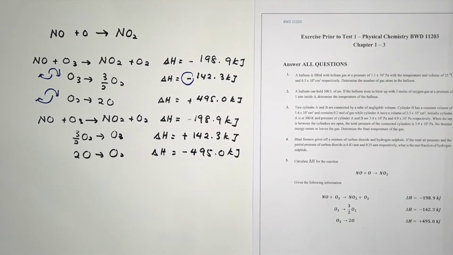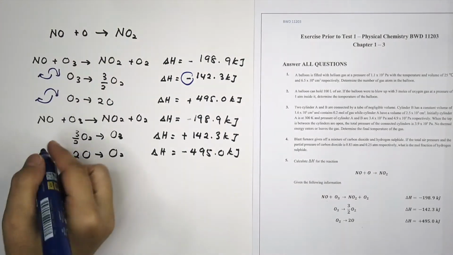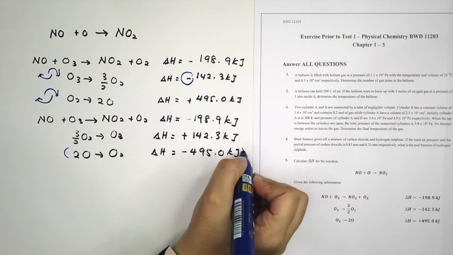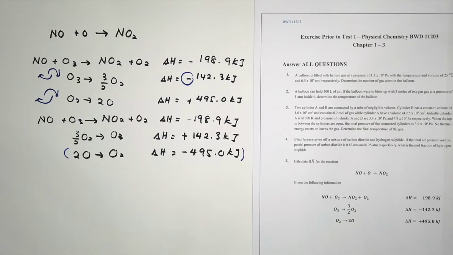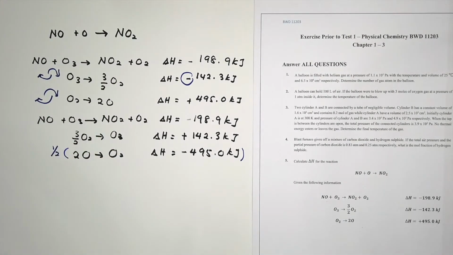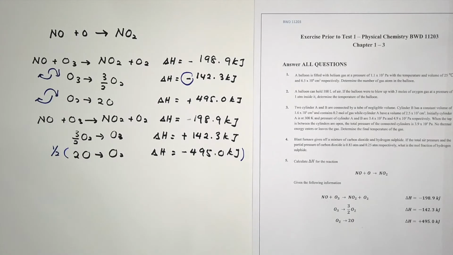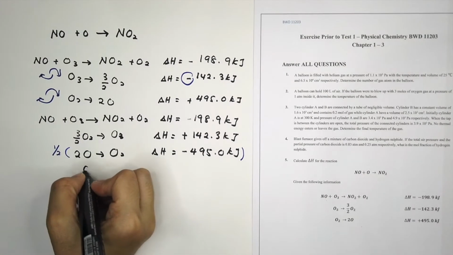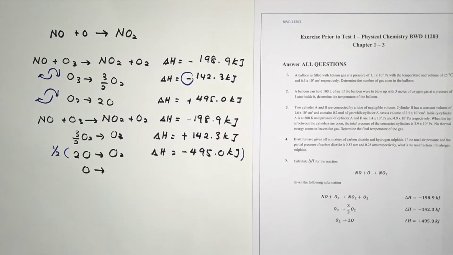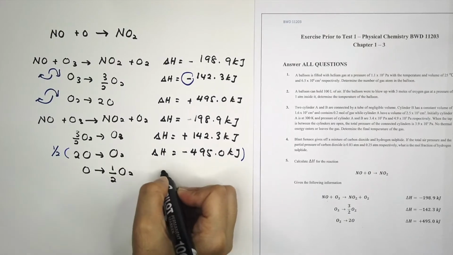Okay, so what else should we do? How much oxygen do we want? Actually we only want 1, right? So how do we remove this 2? We need to times 1/2. In saying that, this equation will now be O will produce half of the O2.